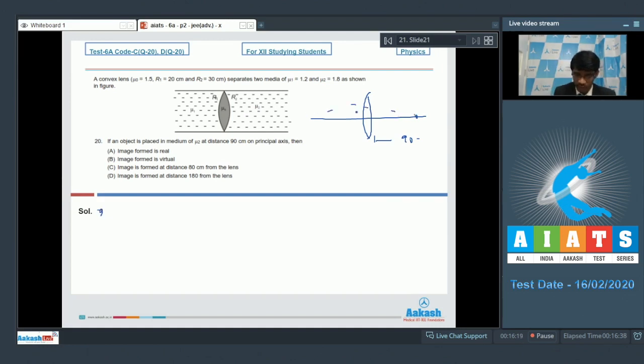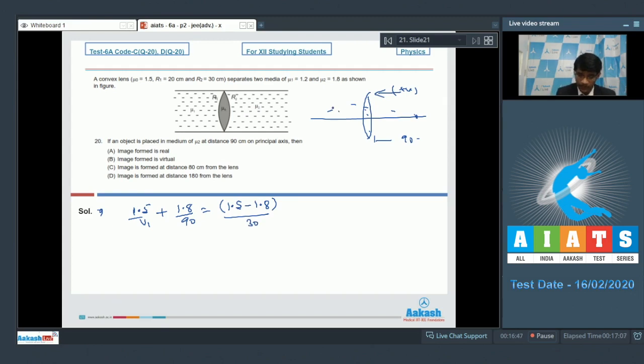For this refraction first, I'm taking this direction as the positive direction. It is mu naught, that means 1.5 divided by v1, plus 1.8 divided by 90, must be equal to 1.5 minus 1.8 divided by R2, which is 30.